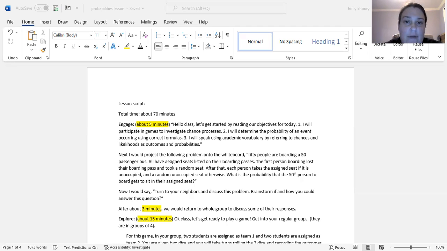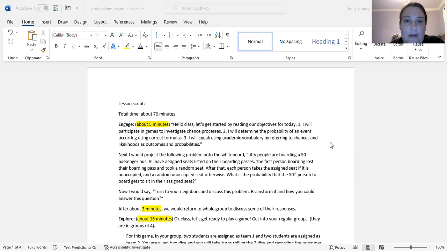Here I would expect all of the students in class to read along out loud with the objectives projected onto the whiteboard. Number 2, I will determine the probability of an event occurring using correct formulas. Number 3, I will speak using academic vocabulary by referring to chances and likelihoods as outcomes and probabilities.